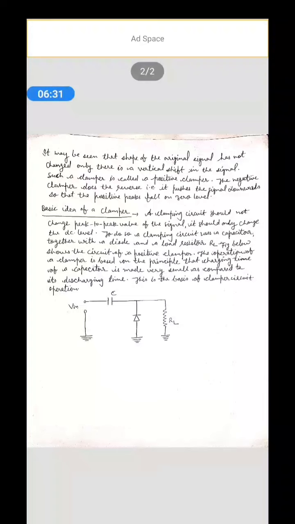The clamped output varies between 10 volt and 0 volt. Therefore, the peak value of clamped output is 10 volt and the average value is 5 volt.